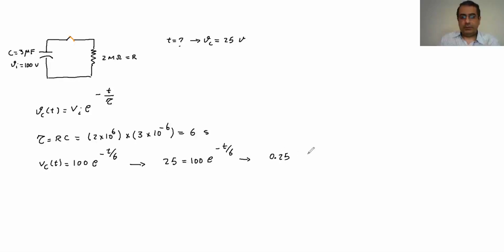So if I bring the 100 over, it's e to the negative t divided by 6. And then if I use the ln on both sides, the ln and e are going to cancel each other, so I have the ln of 0.25.